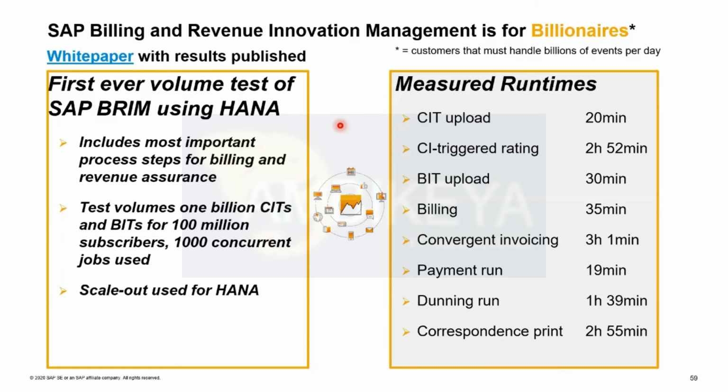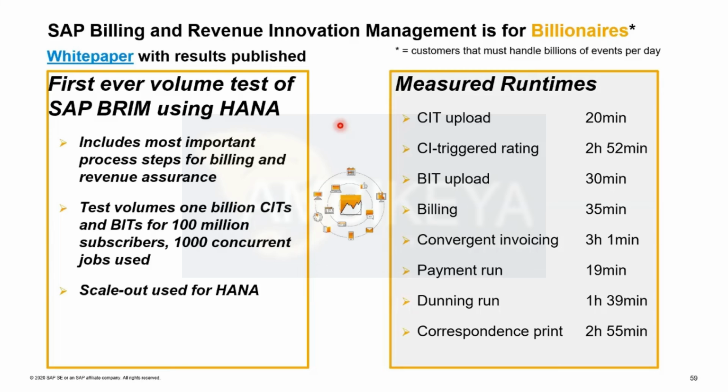We have customers in productive mode live with more than 1 billion end customers, with more than 400 million business partners. So it depends a little bit on the business, and it depends on the individual runs, and it depends also on the hardware a customer is running.